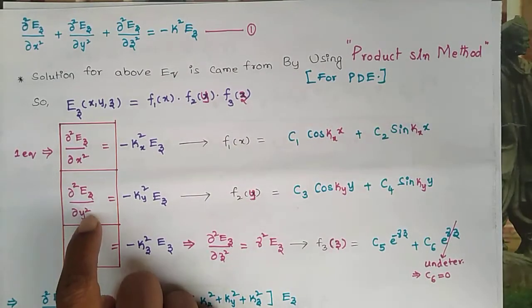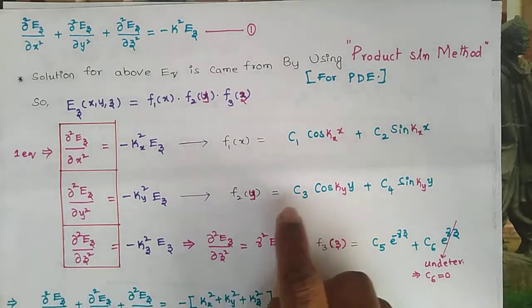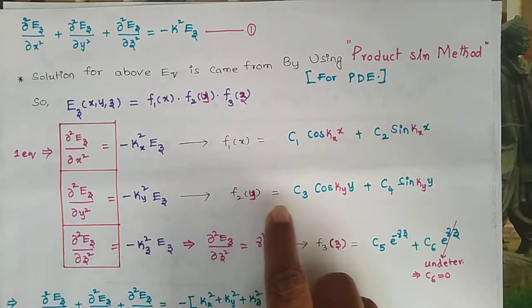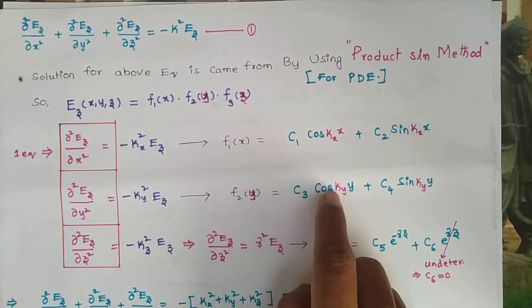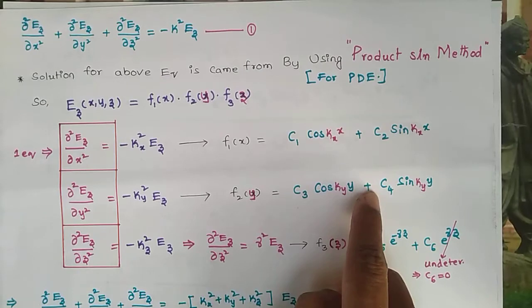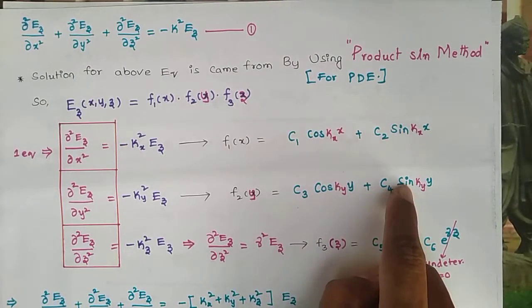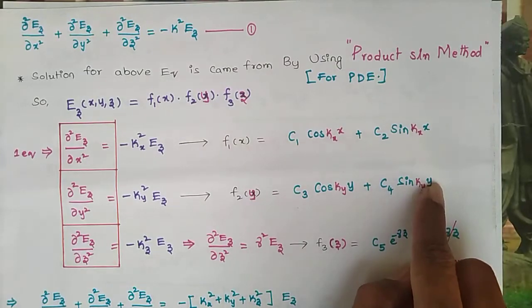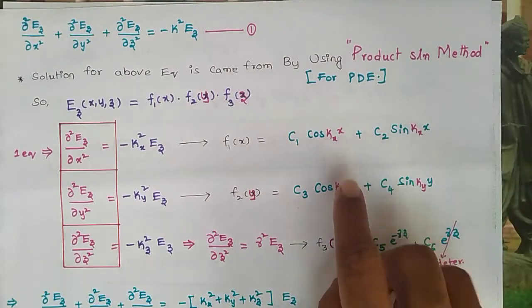Similarly for y, I take the solution of this equation as f2 of y equals c3 cos ky y plus c4 sin ky y. Up to here, clear.